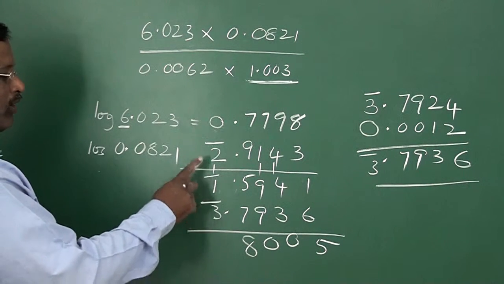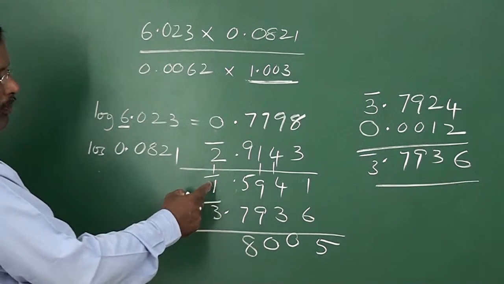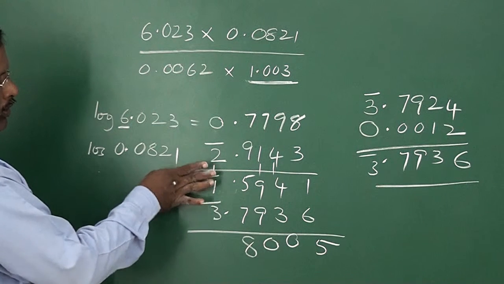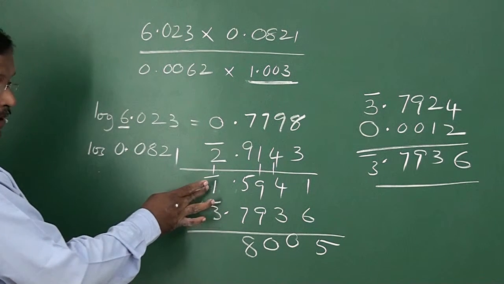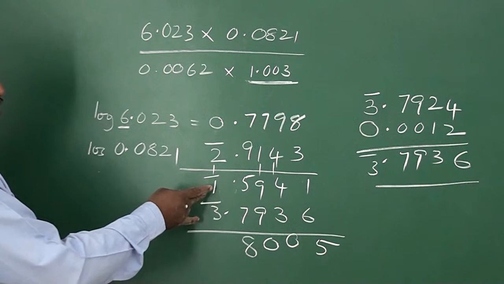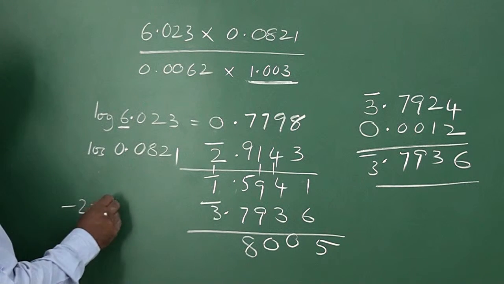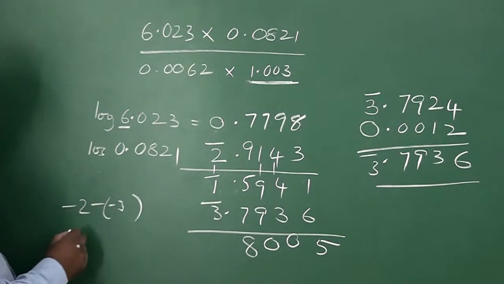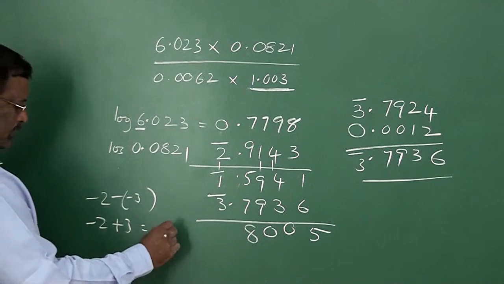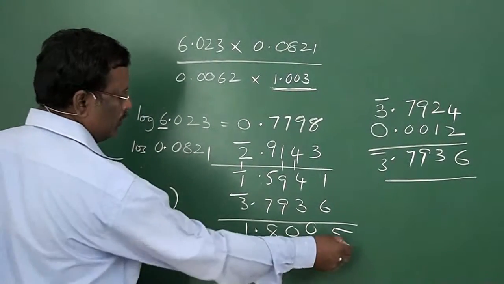So this bar 1 will become bar 2 if you carry 1 that side. So minus 2, minus of minus 3, that is minus 2 plus 3. It will be plus 1.